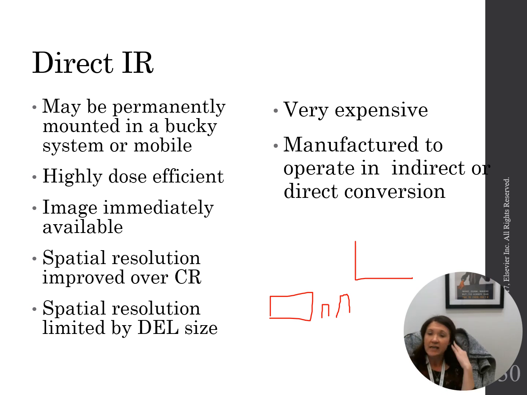Spatial resolution is limited by the detection element size, and remember, detection element is really just another way to refer to your pixel size. So if you have big pixels, big DELs, you're limited in your spatial resolution. If they're very small, then that would be a benefit to your resolution. The direct DRs are considered very expensive, and so that's one of the reasons a lot of people go with the indirect systems instead.